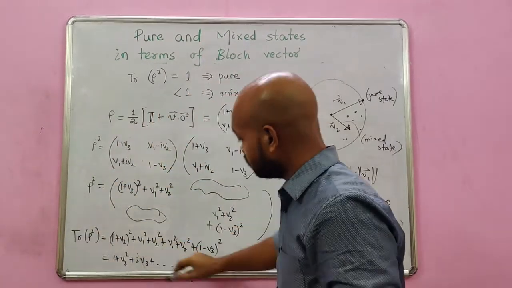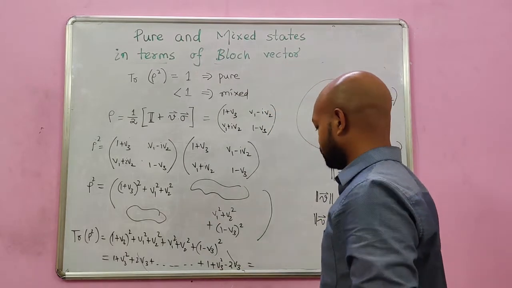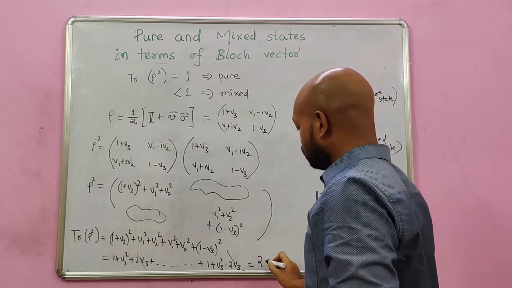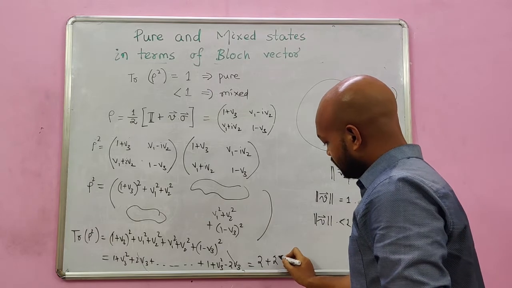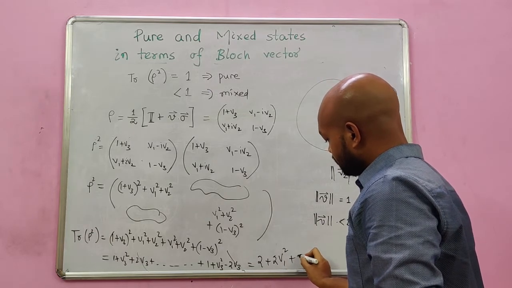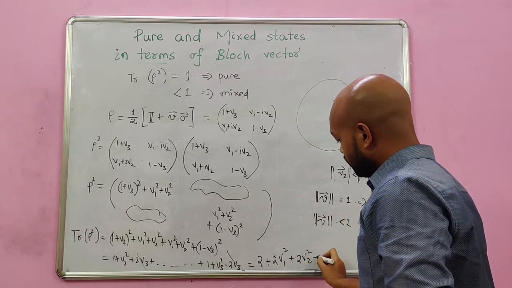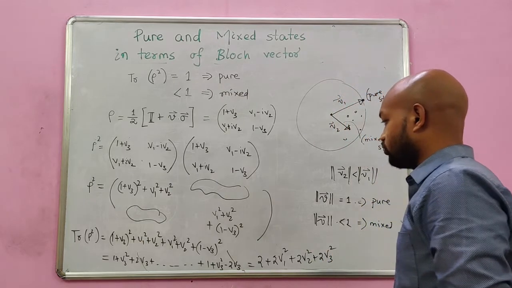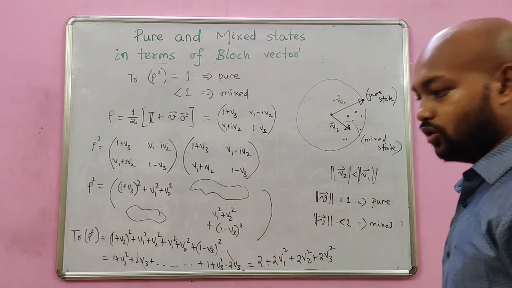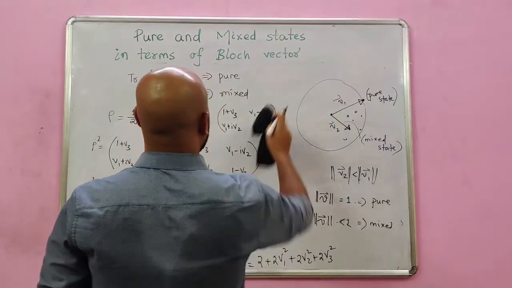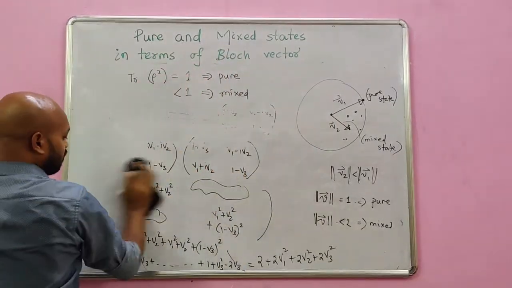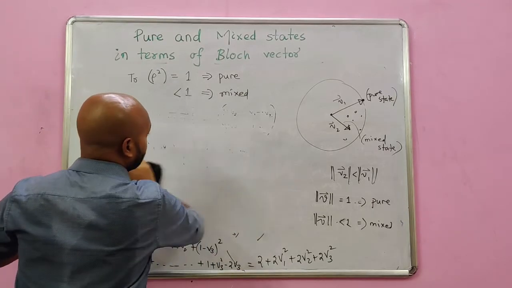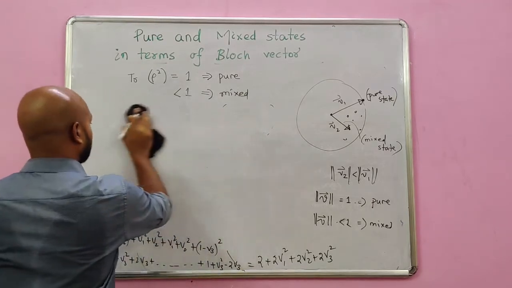You could see this 2V3 and this 2V3 cancel each other, and what I am left with is 2 plus 2 times V1 square plus 2 times V2 square plus 2 times V3 square. So that is the general value for the trace of rho square.